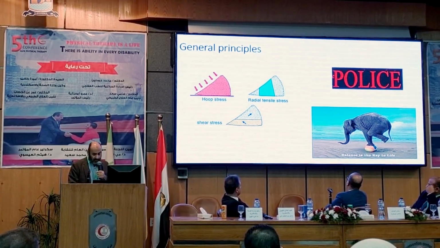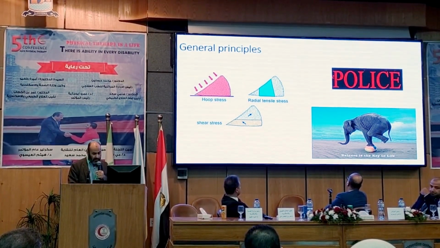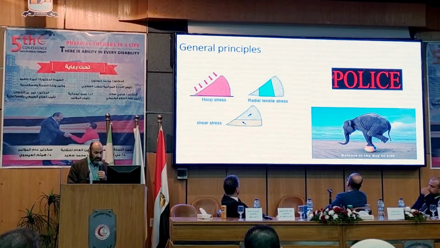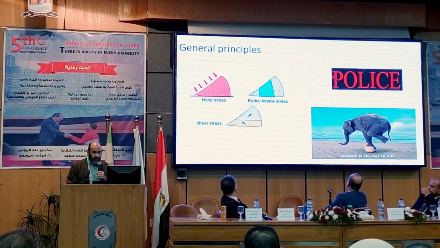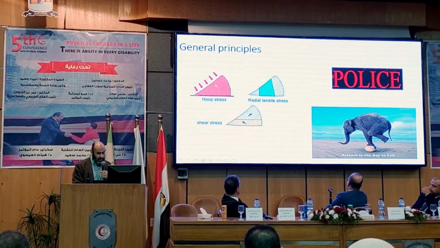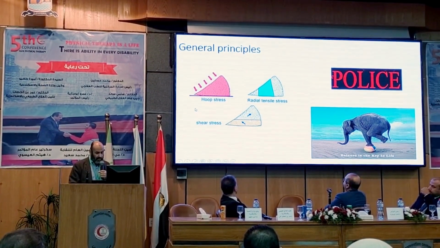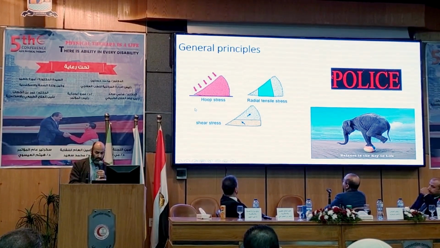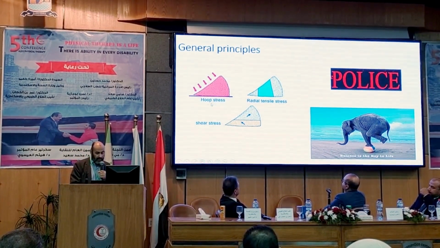We also know the function of the meniscus, which is extremely important to the function of the whole knee, especially in athletes. We know the types of stresses that the menisci are subjected to. We know the hoop stress, at which the stress is distributed over the surface of the meniscus.